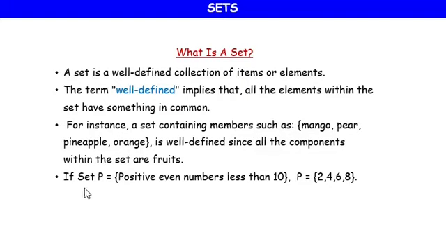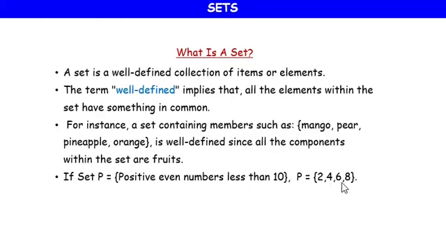Let's look at a more mathematical example. If set P is equal to positive even numbers less than 10, that is just the definition of the set. If I ask you to list the members of set P, you would clearly tell me that set P is equal to {2, 4, 6, 8}. These are the members of set P. Why do we say it is a set?